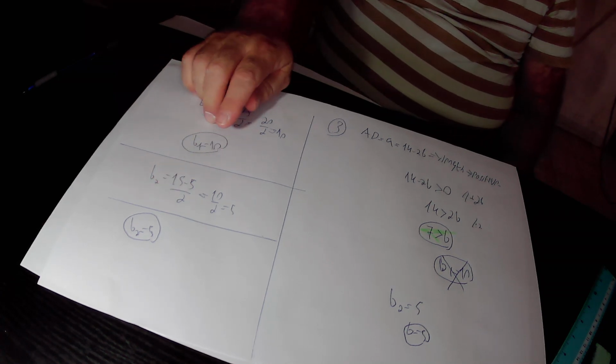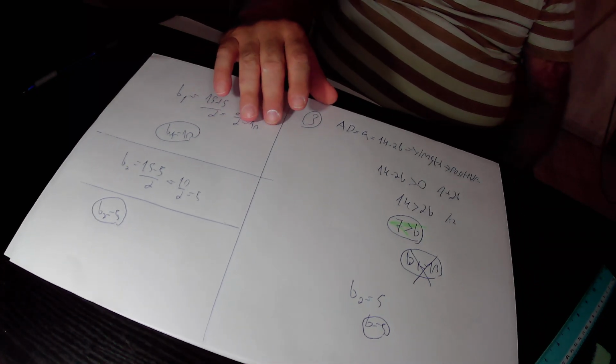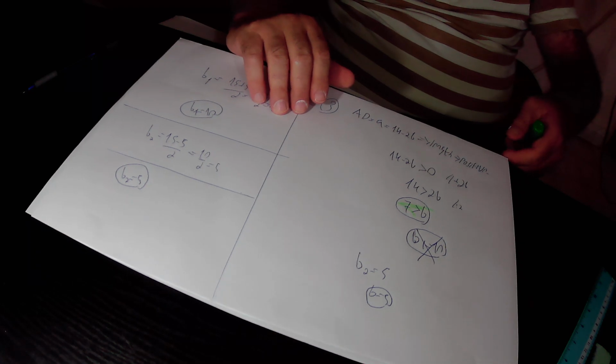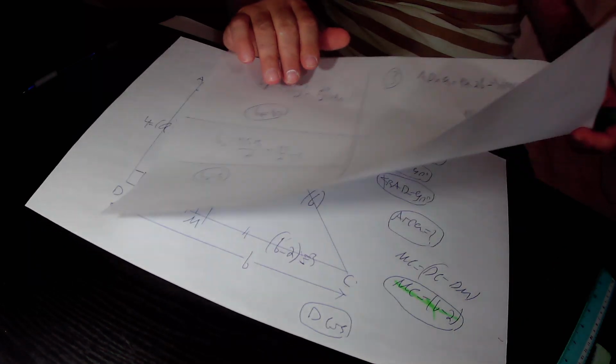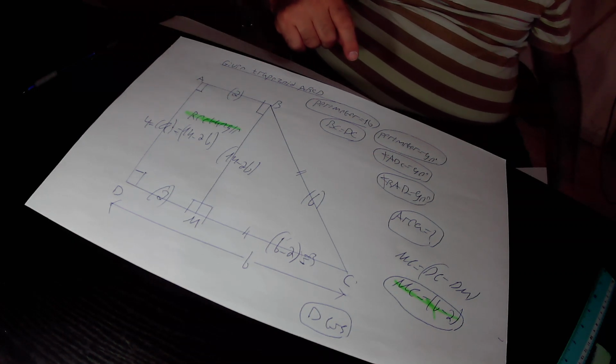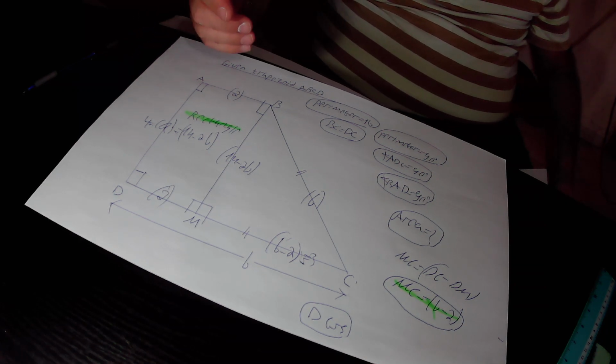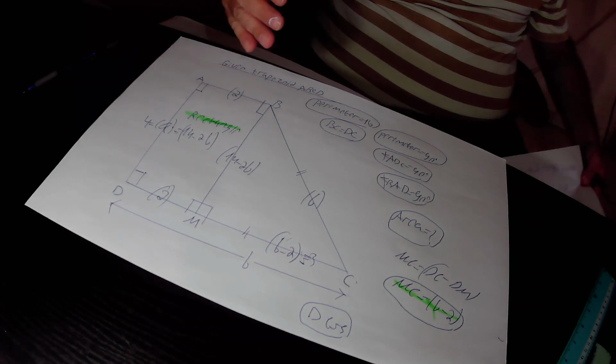Okay, so we know that AD is a length. AD is one side of trapezoid ABCD. That is to say, it is a length.